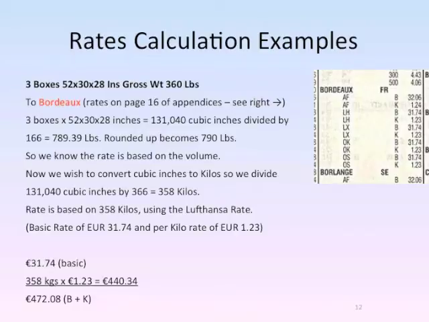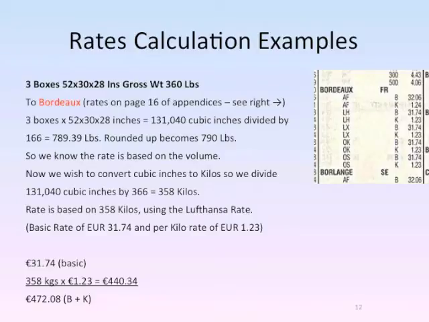So now we know that the rate is based on the volume weight of the shipment. The next thing we need to do now is to convert the cubic inches to kilos, because the rates are based on a per kilo rate. So we divide 131,040 cubic inches by 366 and we get 358 kilos.